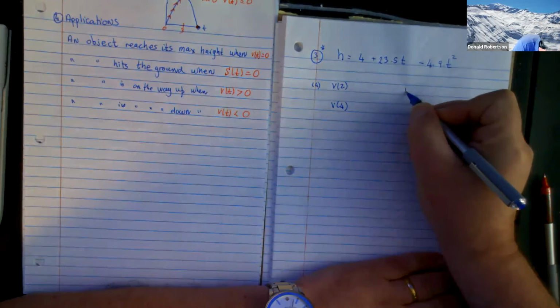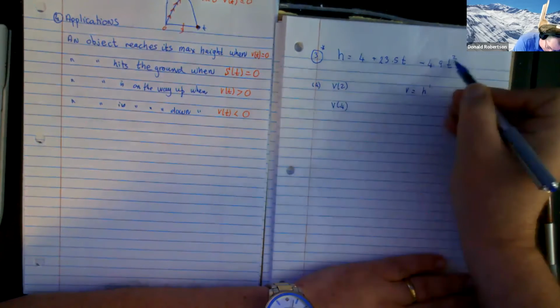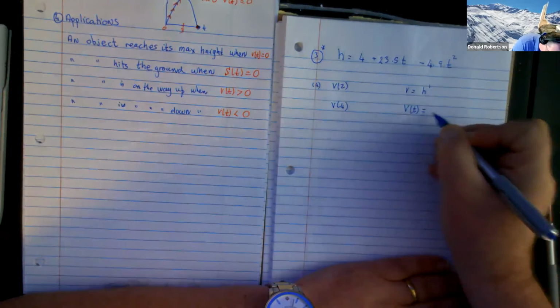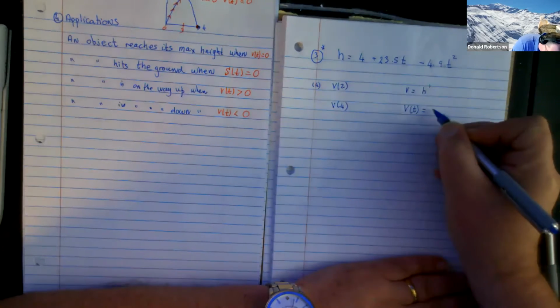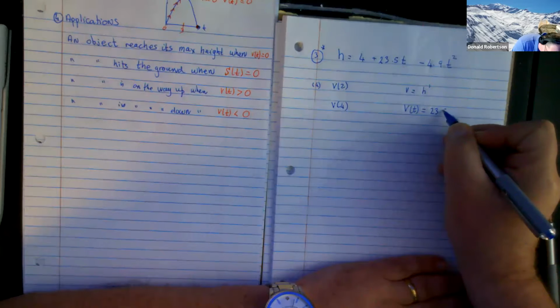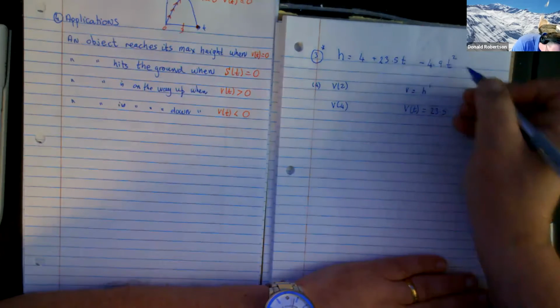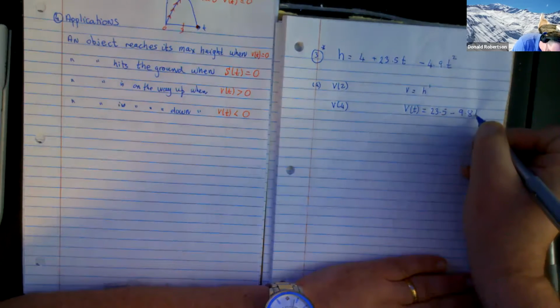Well, you want the velocity, you just differentiate this. So the velocity at any given value of t, I'll differentiate the number, you get nothing. Differentiate that, you get 23.5. And this one, you multiply by the power and you reduce it by 1. So you get negative 9.8t.